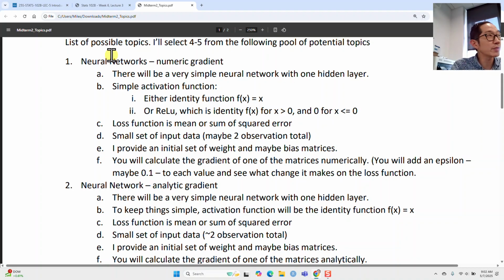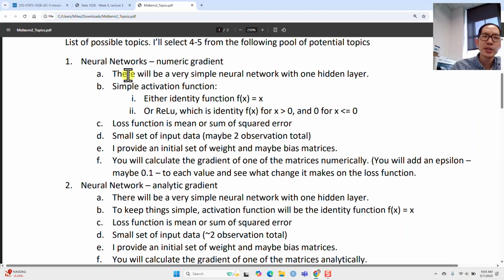You've done this for the homework, where you add a small epsilon to each term in your weight matrix, and then you do forward feed with it, and see how it affects the predictions, and in turn how it affects your loss function, right?